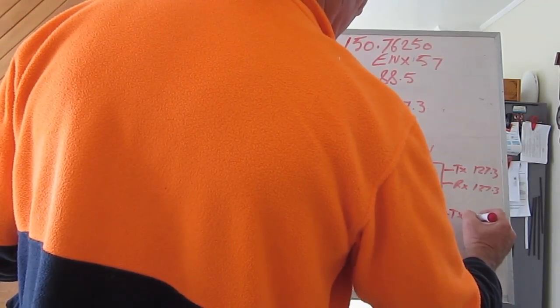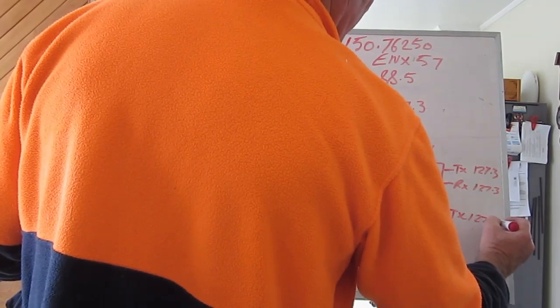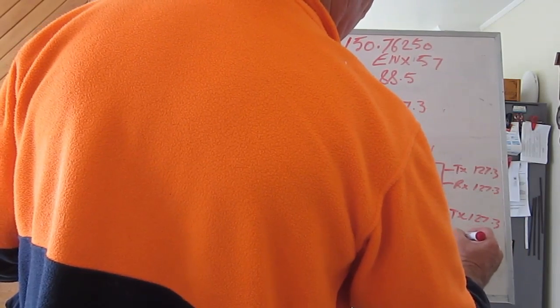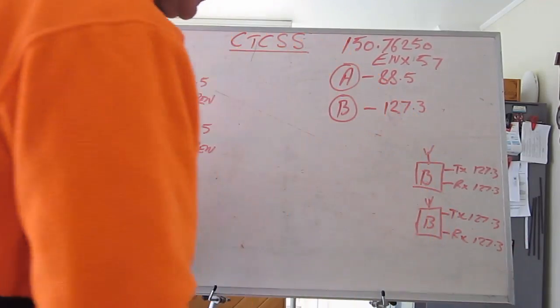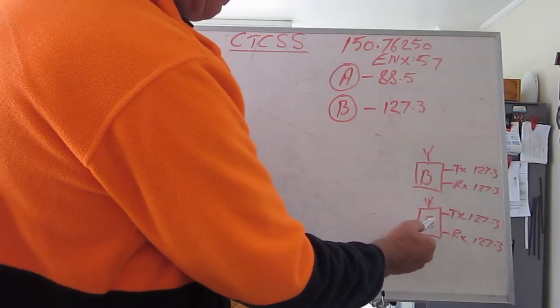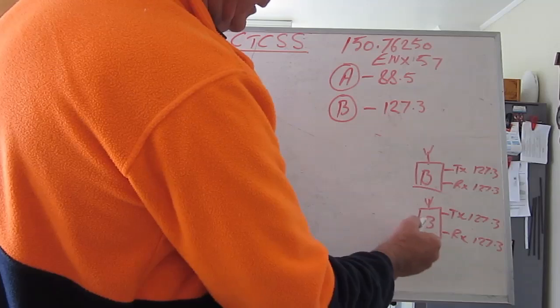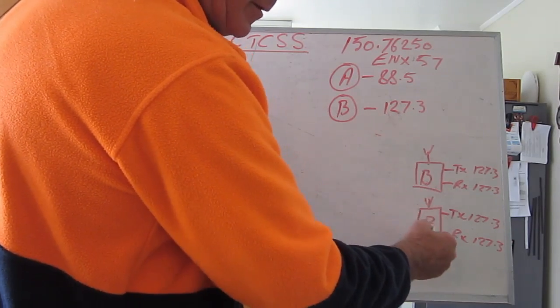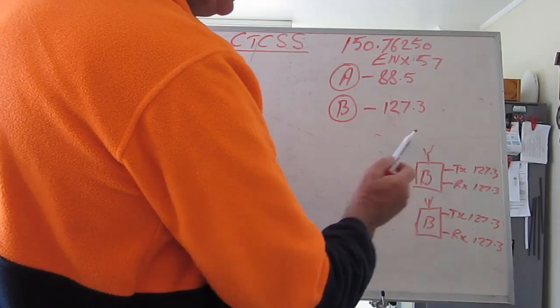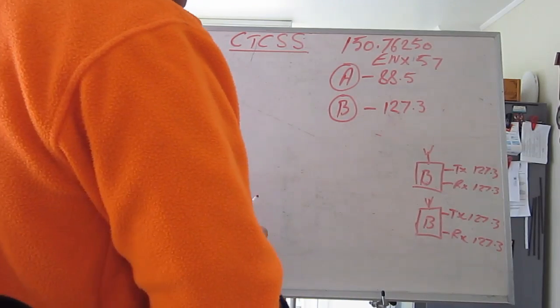Again, the transmitter is 127.3 and the receiver is 127.3. So Company B were able to transmit and receive between the mobiles in their fleet quite satisfactorily.